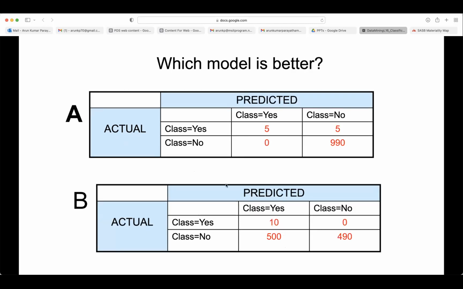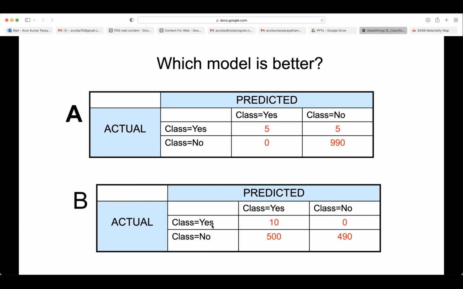Here, what is the problem in the second table? What is recall here? In the second table, how many fraudsters should you identify? 10. How many fraudsters did you get from the algorithm? How many actual positives are there, to be caught? In that row, 10.